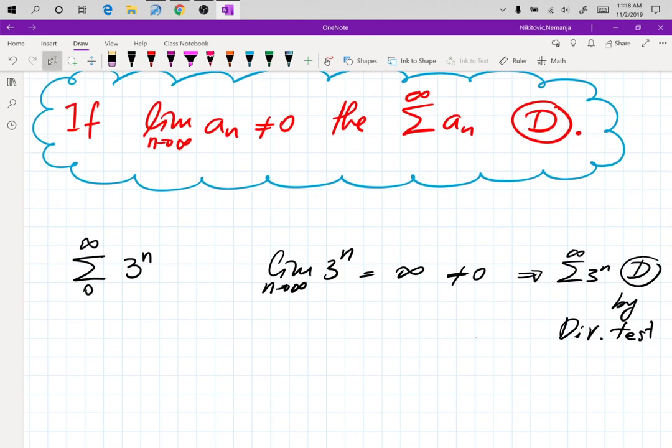You also know that this diverges by geometric, right? We did geometric earlier. 3 is bigger than 1, so it diverges by geometric as well. But here the nth term test, or divergence test, tells us the same thing.